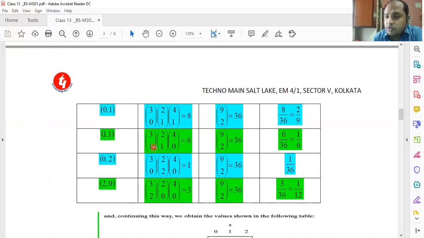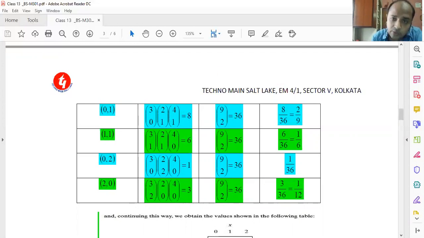One aspirin can be chosen from 3 aspirins in 3C1 ways. For each possible way, another sedative can be chosen from 2 sedatives in 2C1 ways. So the two choices can be made in 3C1 into 2C1 ways by the multiplication rule. And for each of these choices, no laxatives will be there, so 0 choice for laxatives, so 4C0. And the outcome is 6. And thus the probability becomes 6 by 36, that is 1 by 6.